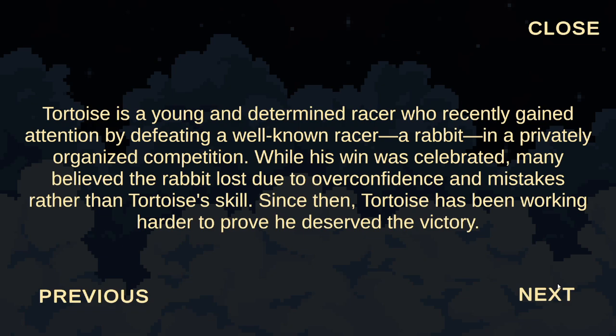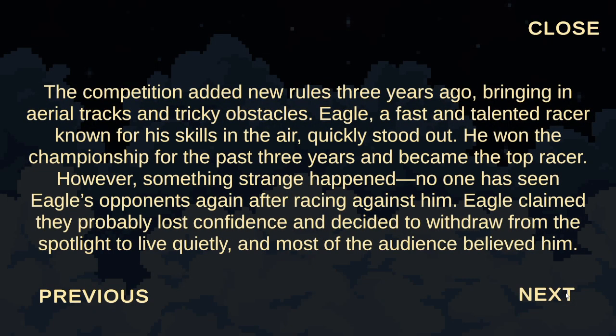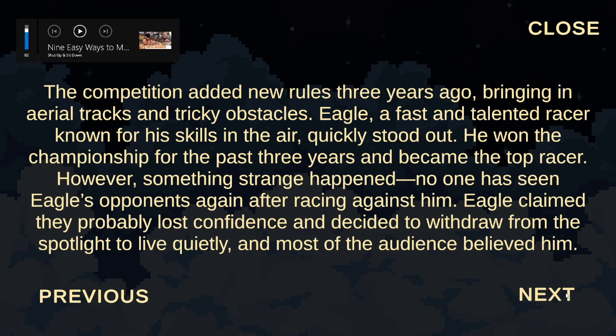So Tortoise is a determined racer who recently defeated Rabbit. So again, a lot of text. If I wanted this much text, I could read a book. So I hope the game has a lot more of this woven through. Eagle's opponent's eagle clone.